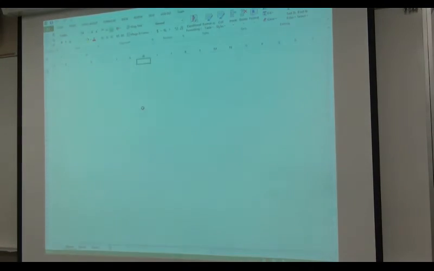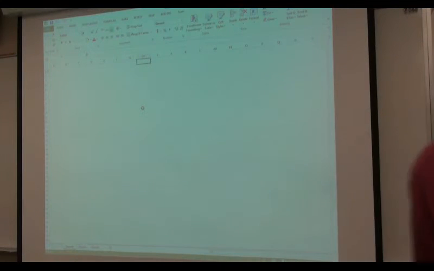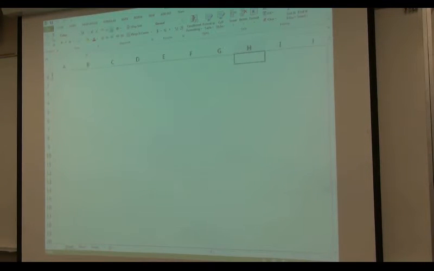So here we go. This is a Microsoft Excel spreadsheet. You're going to probably use this in your experiment. Let me zoom in a little bit more.